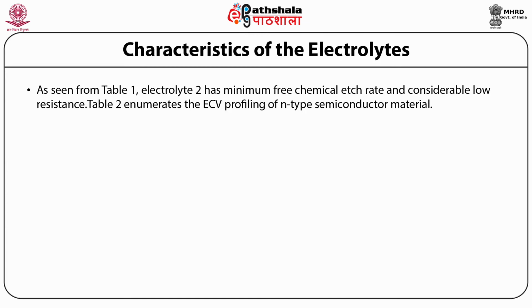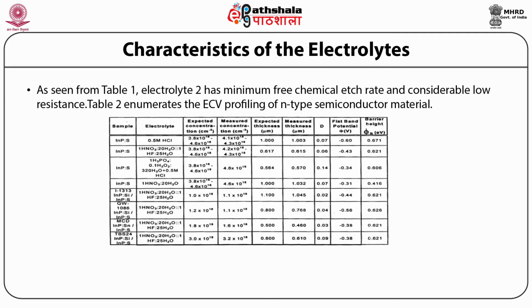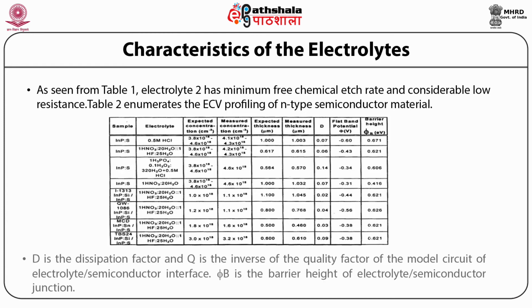Table 2 enumerates the ECV profiling of N-type semiconductor material. The parameters included in the different columns can be used to select the most suitable electrolyte for different experimental conditions. In Table 2, D is the dissipation factor and Q is the inverse quality factor of the model circuit of the electrolyte semiconductor interface. Phi B is the barrier height of the electrolyte semiconductor junction.